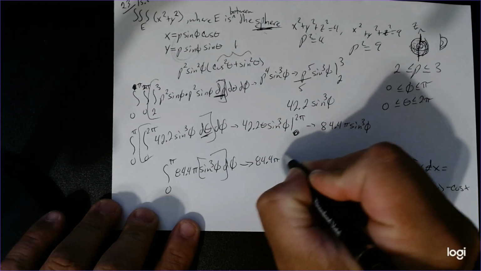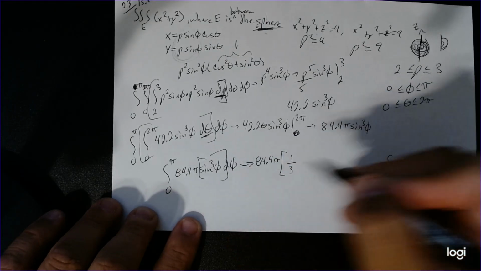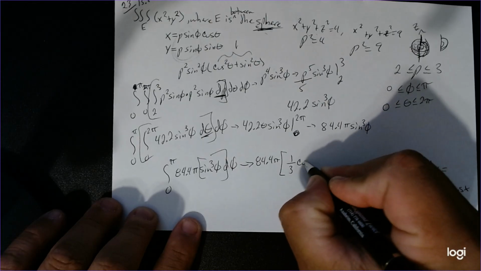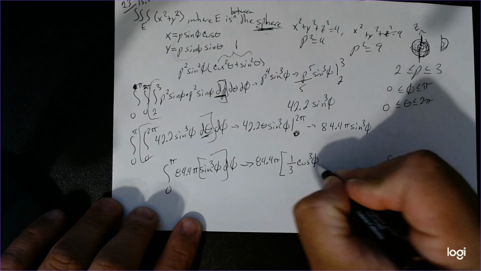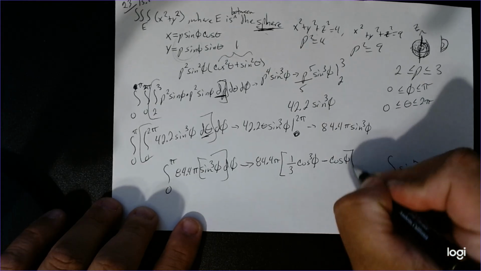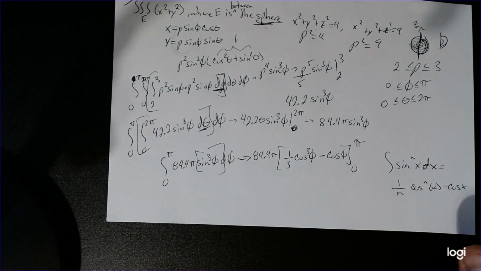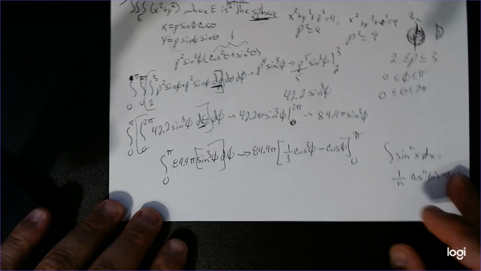So this would be 84.4 pi times 1 over 3 cosine to the third phi minus cosine phi, evaluated at 0 and pi, which is nice. So now we just finally plug in pi.